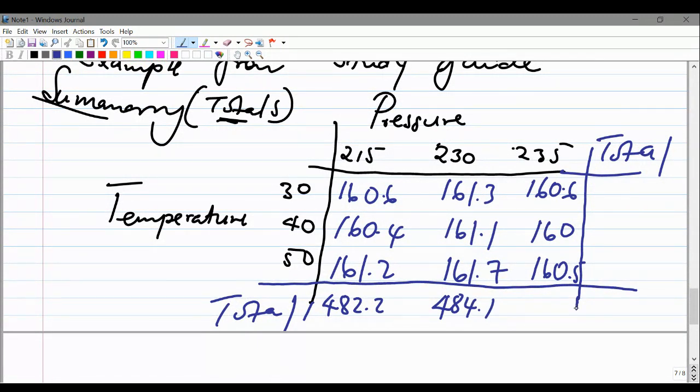We're a team. 481.1. The last one. And the grand total there, you can only add the totals from either the treatment or from the pressure. Let's continue. What is happening with the other guys? Let's go, we're a team here.